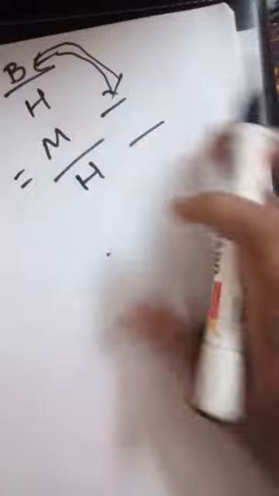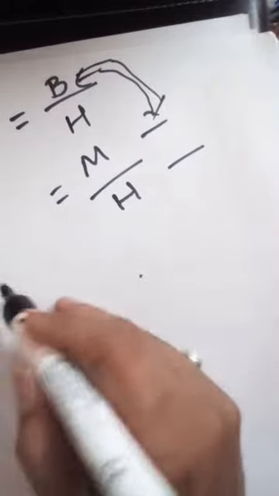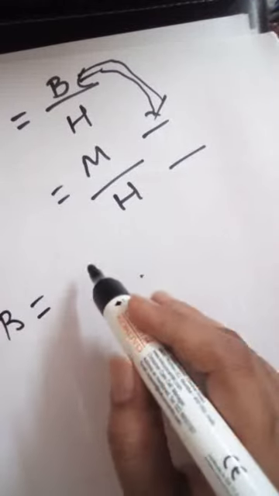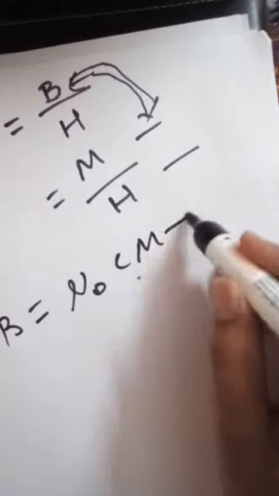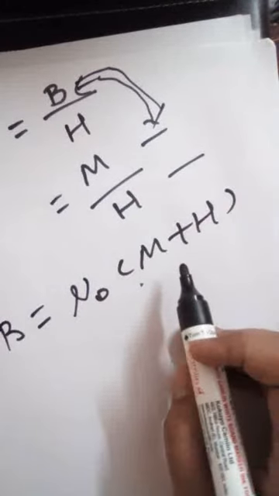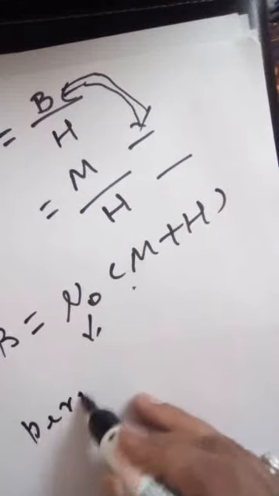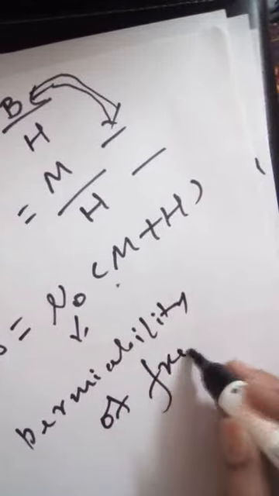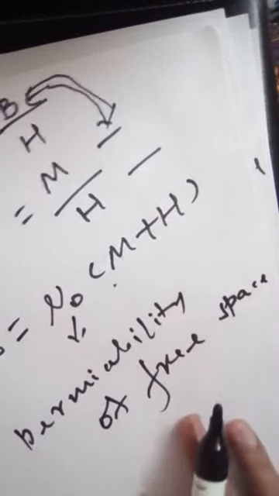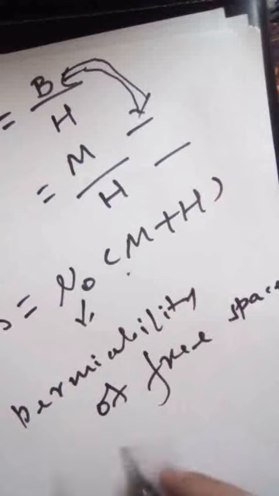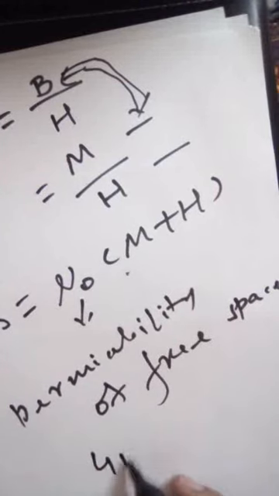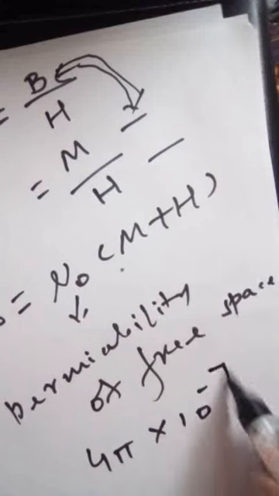So in some books we will see mu is equal to B by H, in some books we will see mu is equal to M by H. So B is equal to mu 0 times M plus H, where mu 0 is known as the permeability of free space, and it is a constant value, equal to 4 pi 10 raised to minus 7.